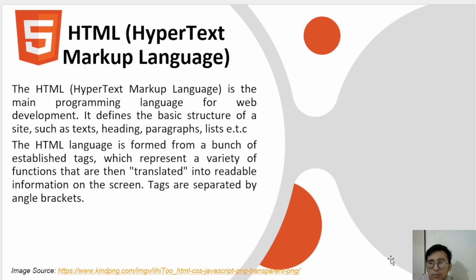It defines the basic structure of sites such as text, headings, paragraphs, lists, etc. HTML is formed from a bunch of established tags which represent a variety of functions that are then translated into readable information on the screen. The tags are separated by angle brackets and some other operators that they use in HTML.